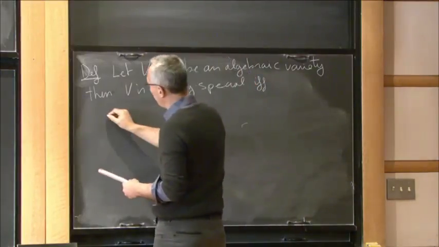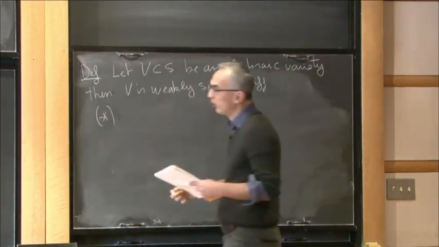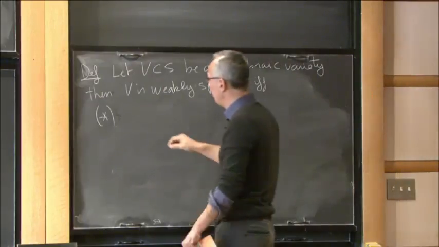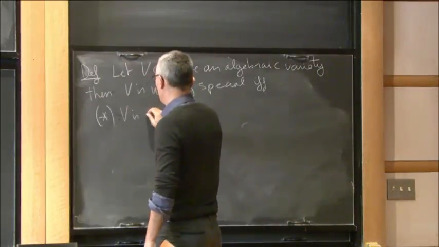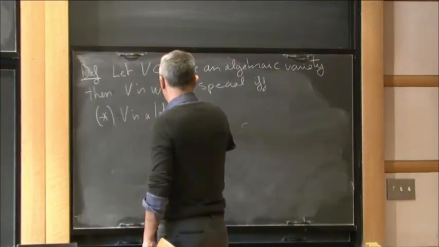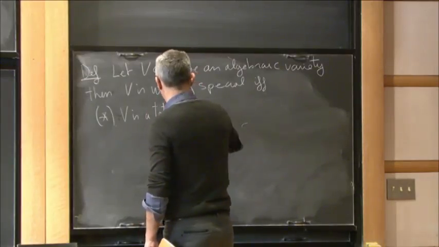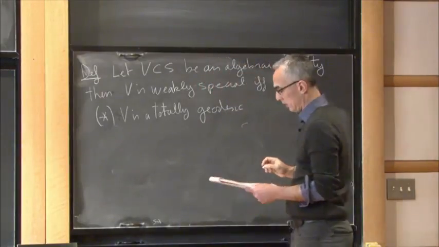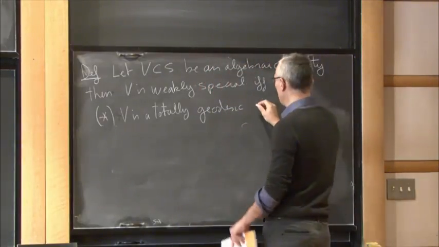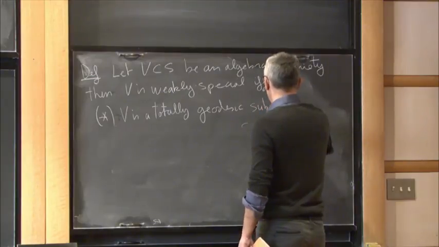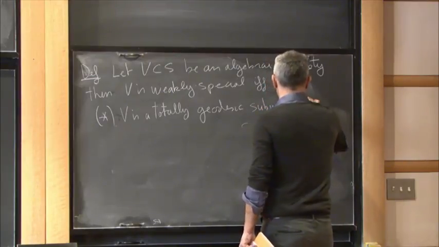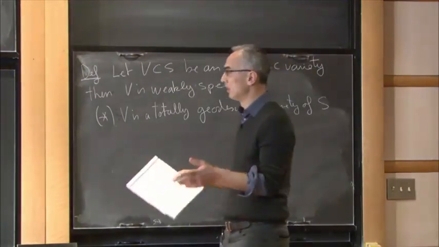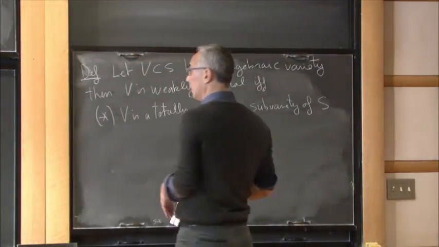I will give three points of view. The first one is that V is a totally geodesic subvariety of S for the natural Riemannian structure on S.